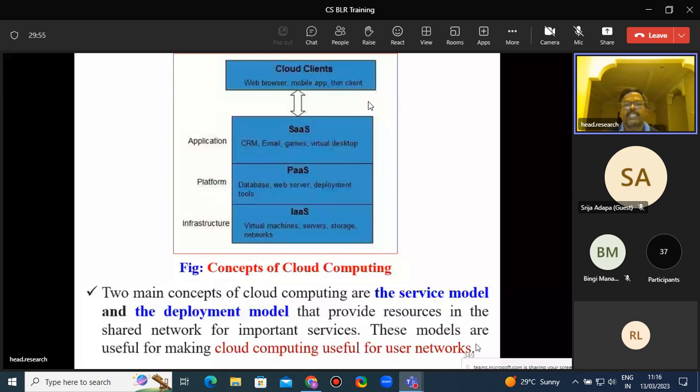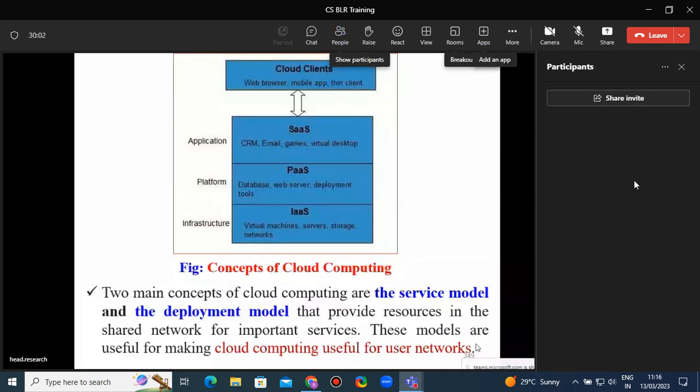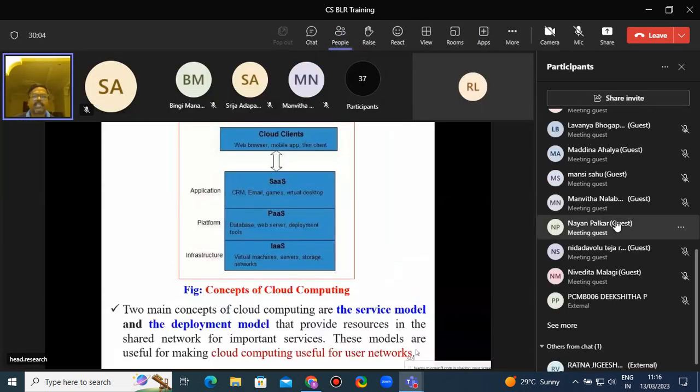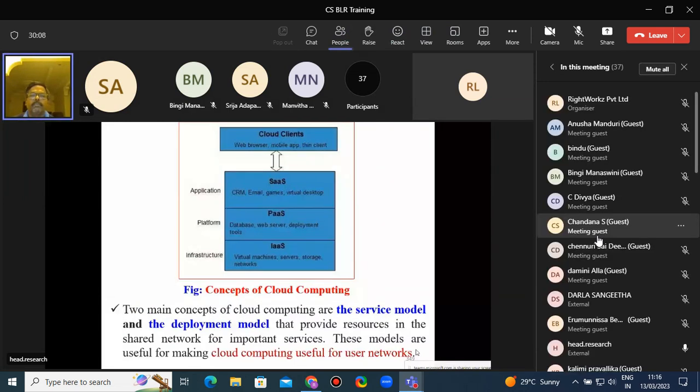Application, software as a service, like CRM, customer relationship management tools, email, electronic mail, games, virtual desktop, etc. Then cloud clients like web browser, mobile app, thin client, etc. So that is about the concepts of cloud.